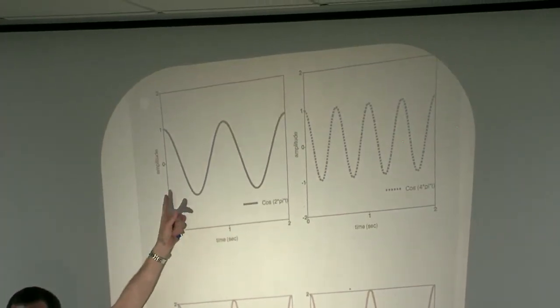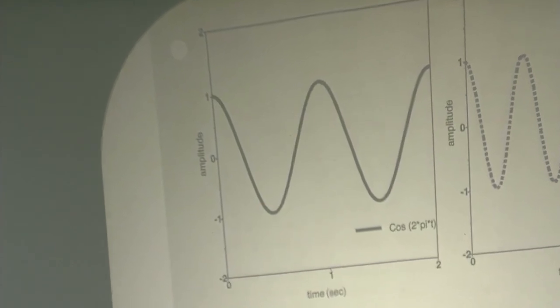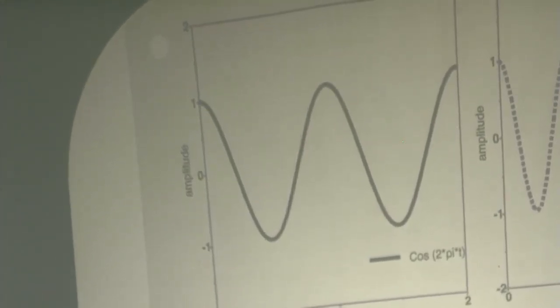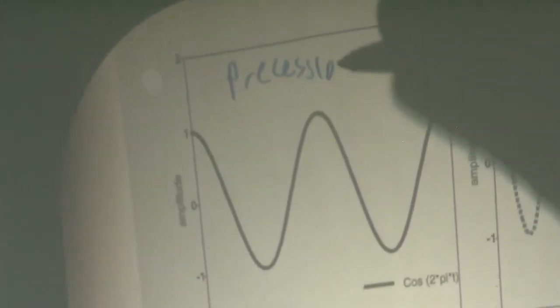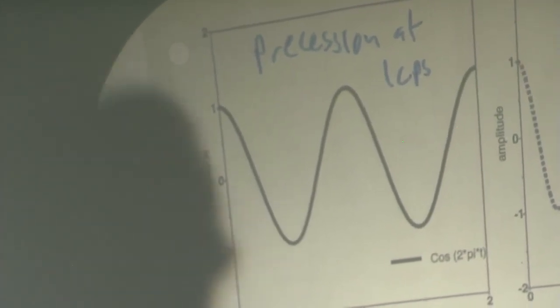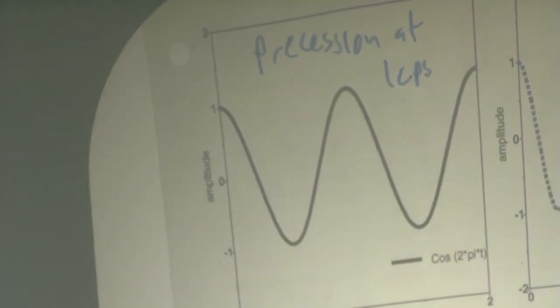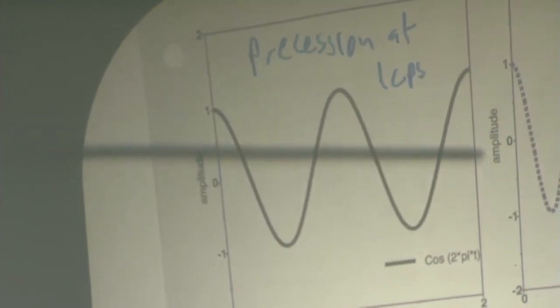So this is a cosine wave corresponding to a precession at 1 cycle per second. In other words, every second we go around once.